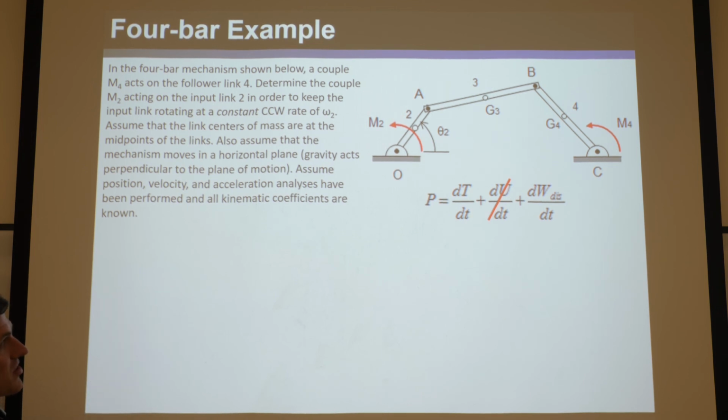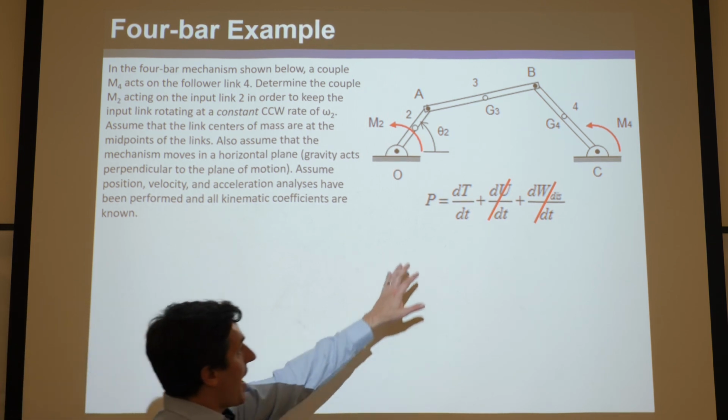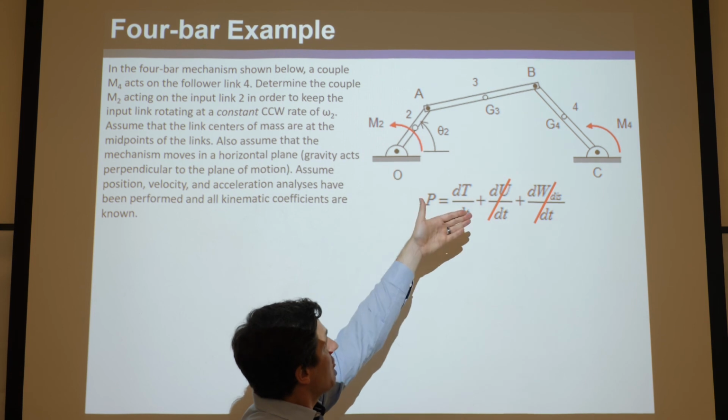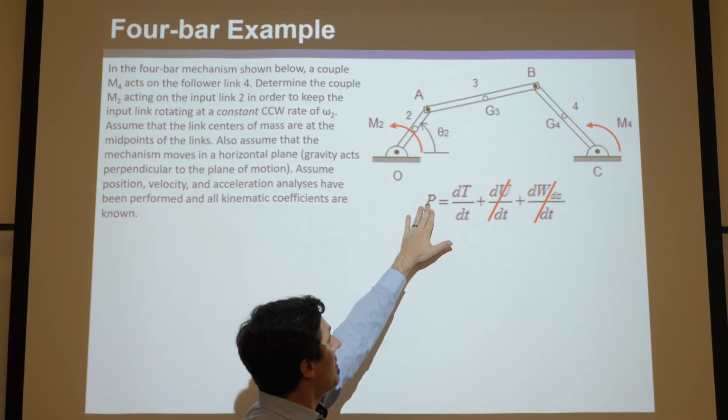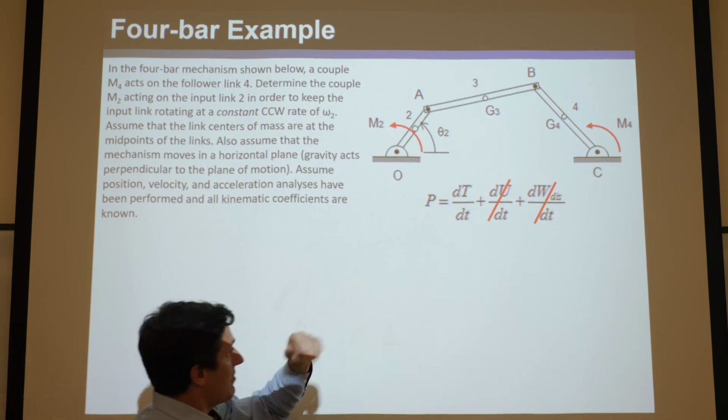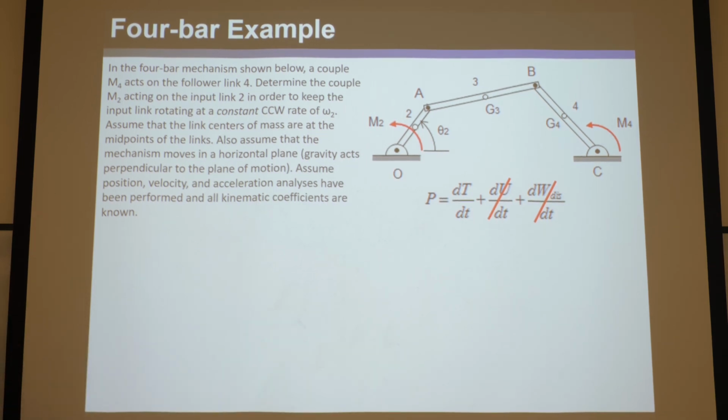So you can also say this is 0. But the change in kinetic energy isn't 0, because the thing's moving. You want to find when link 2 is going at constant omega 2. So even though you cancel these other two out, you have this. You definitely have power because you have two external loads, moments more specifically, M2 and M4, and you have this motion. But we've simplified it dramatically already.